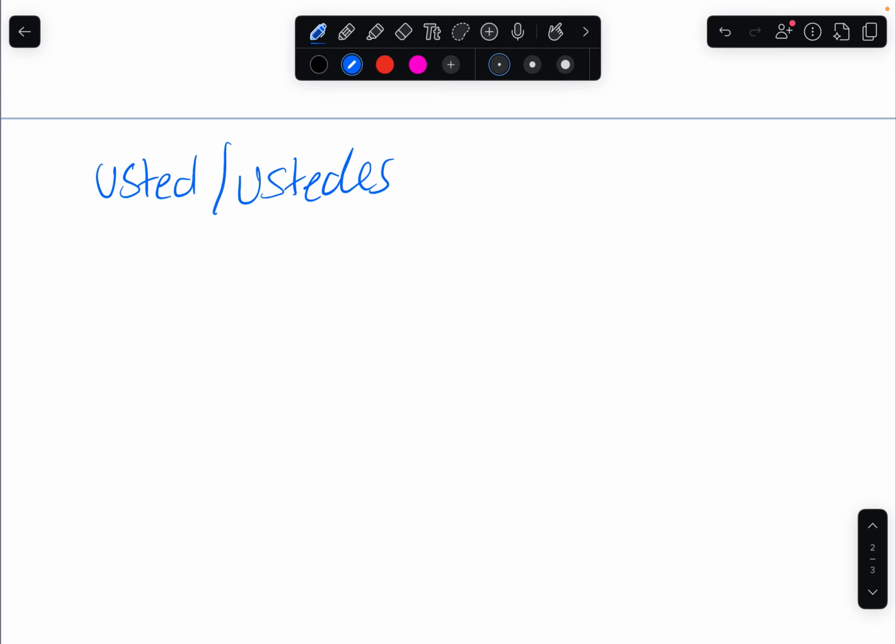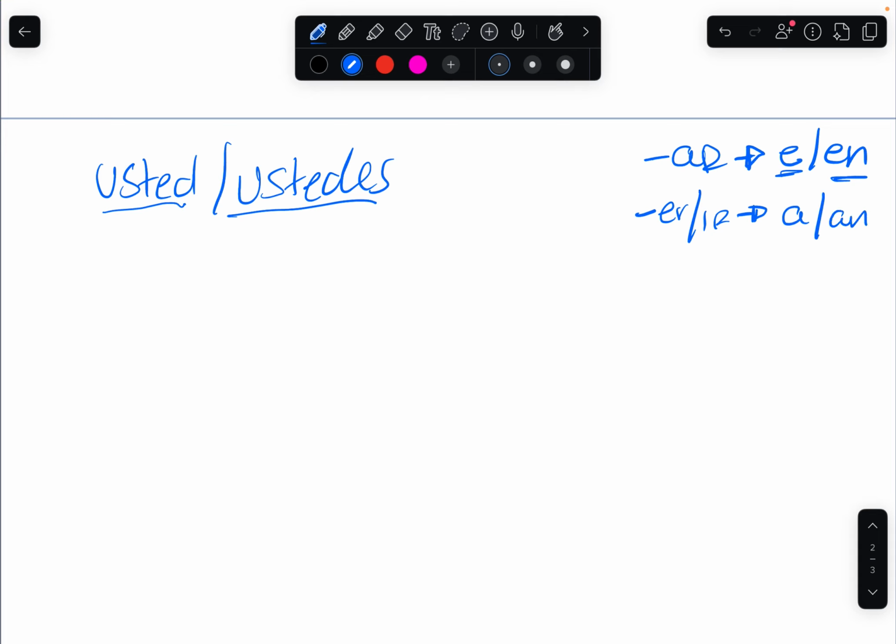It's formal. So the way you do those is that when a verb ends in AR, the ending changes to E or EN. If you're talking usted, E, and ustedes, EN. And when a verb ends in ER or IR, the ending changes to A or AN.